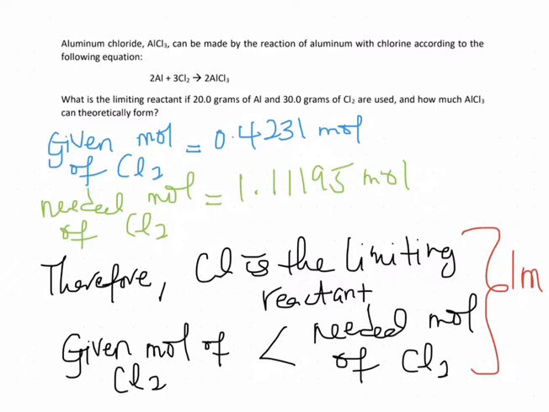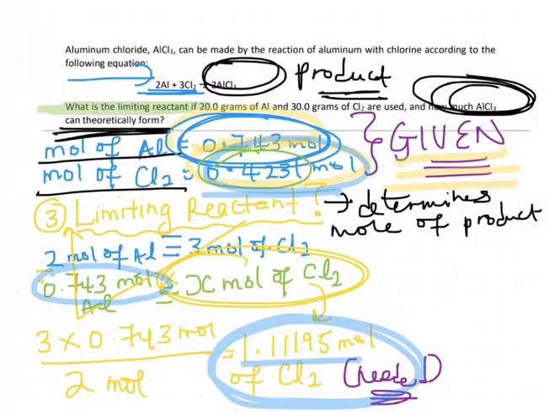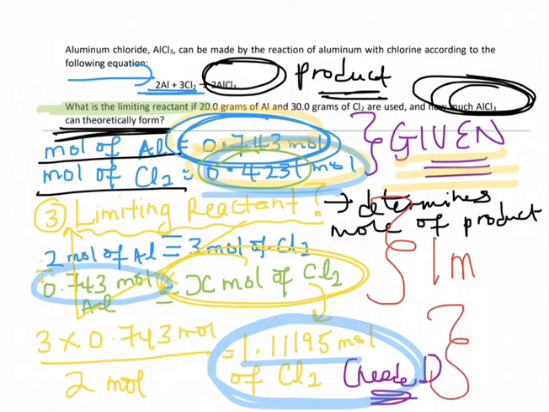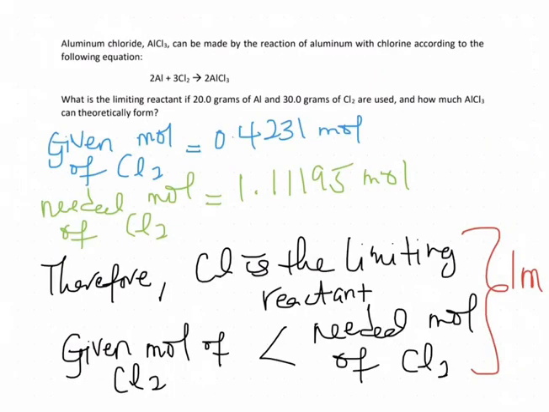Going back to this huge mess over here, by doing this proportionality you get 1 mark, and then by figuring out the mole needed, you get another 1 mark. That's so important for you to know. Then you write this statement. Now we know who the limiting reactant is.